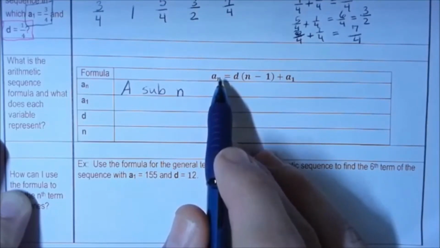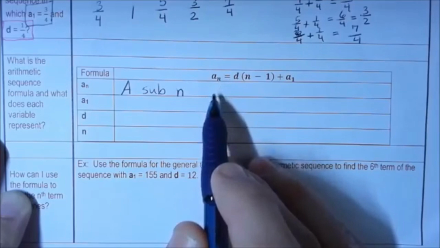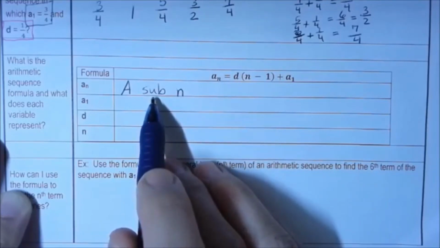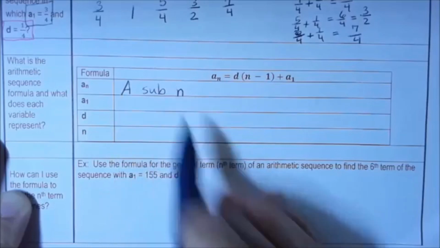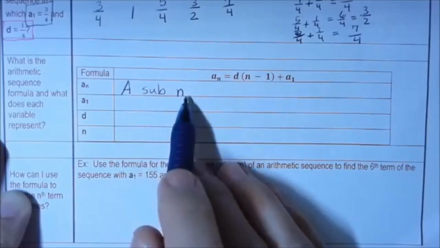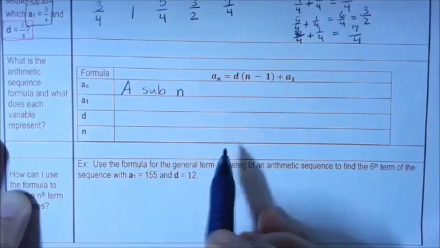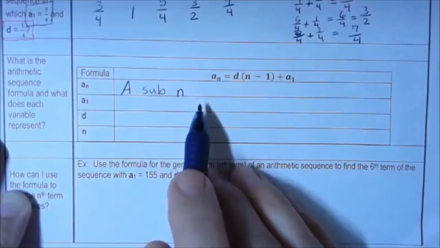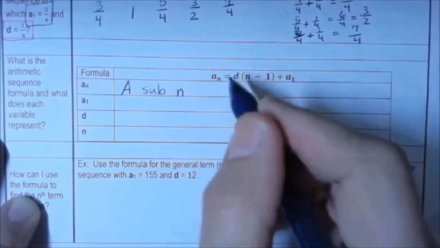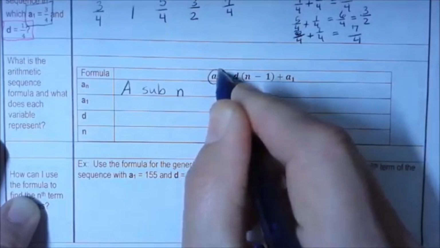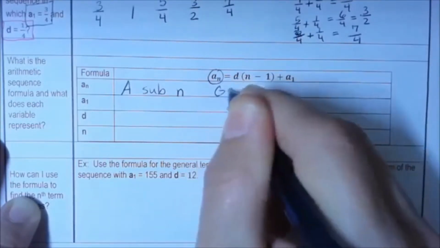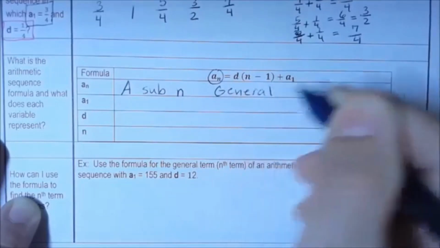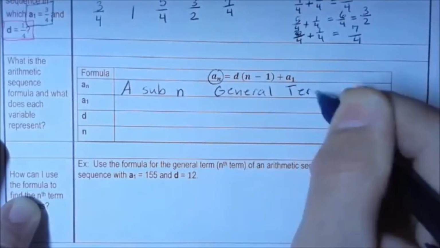And when we see that letter down there, at the very bottom, we call that a subscript. But instead of saying a subscript n, we just say in short a sub n. So just keep that in mind to help you remember. It's a sub n, and what this represents, this part of the equation, is the general term.